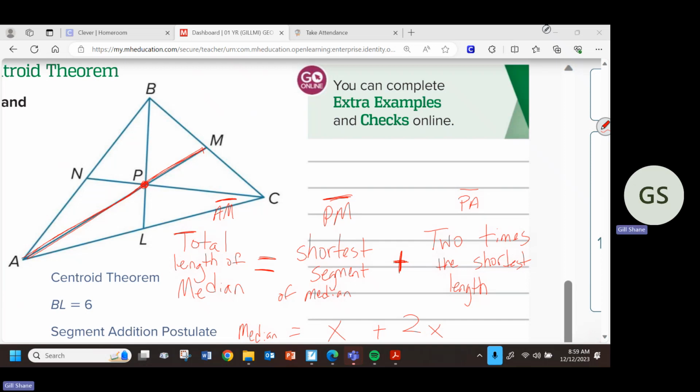So the example, no, the check we just did. On the next page, I don't happen to guess the number they used. So yeah, you're doing example 1 on the bottom of 361, where I think the only difference is they use the number 6 for the median instead of 9. Now they give you that formula. If you want to use their formula, that's fine. They say BP, they're solving for the smaller segments.